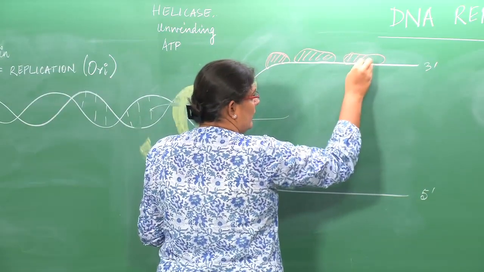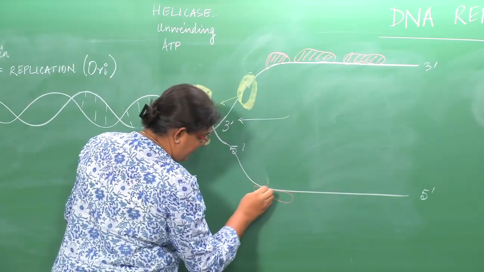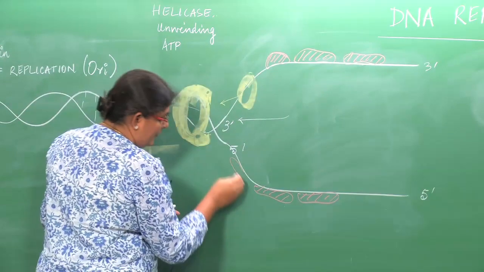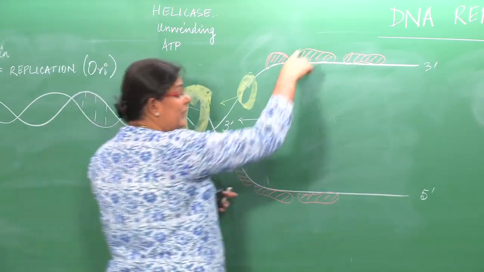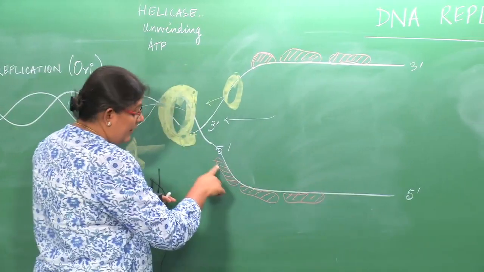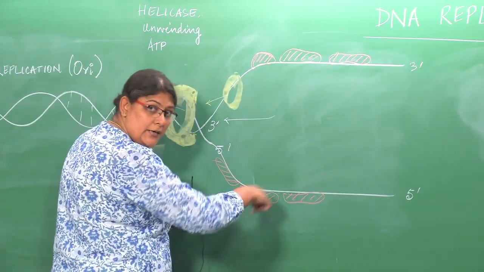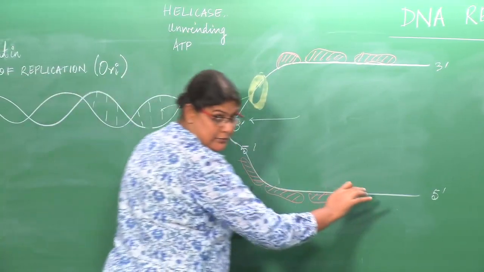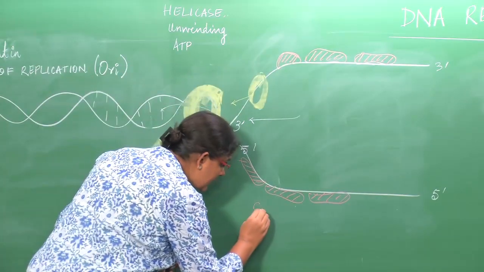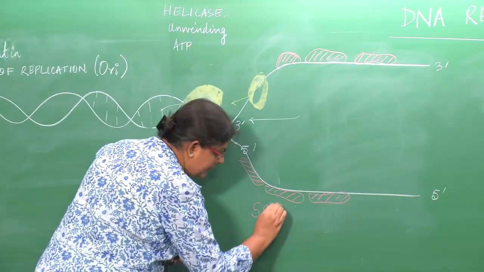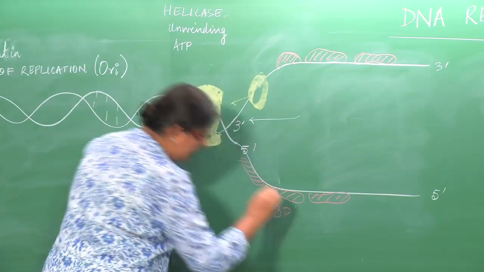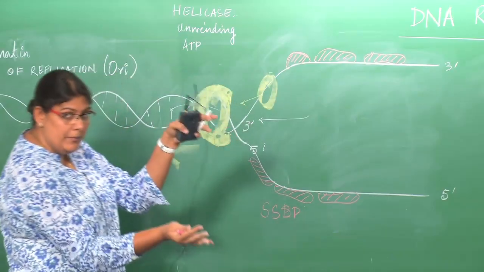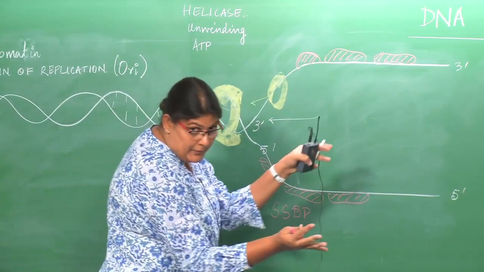And they will prevent not only the strands from binding to each other, but also the separated strand from recoiling with itself. These proteins are called single strand binding proteins. So, these SSBPs will now keep the separated strands separated.